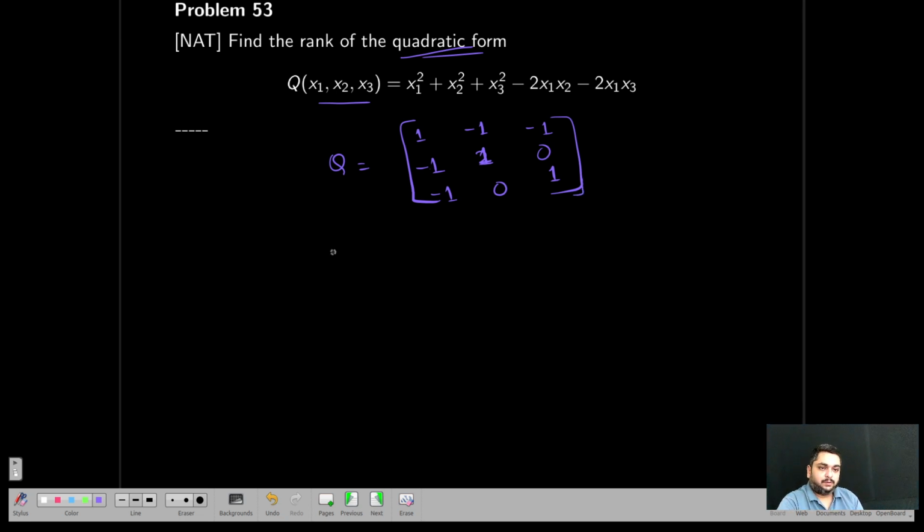So convert it into row echelon form. This 1 is a pivot element. So add this to the last row to make that 0. So this becomes 0, this becomes minus 1. Can I further reduce this? Try to make this 0.